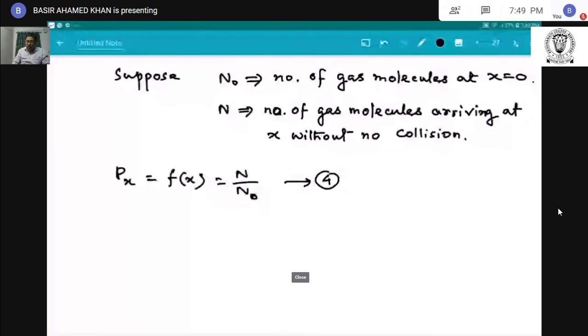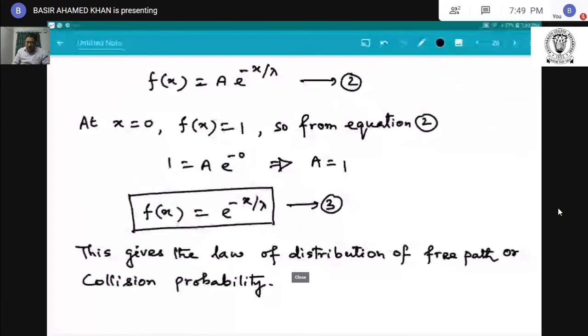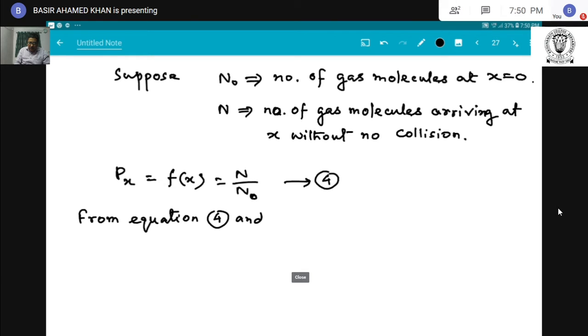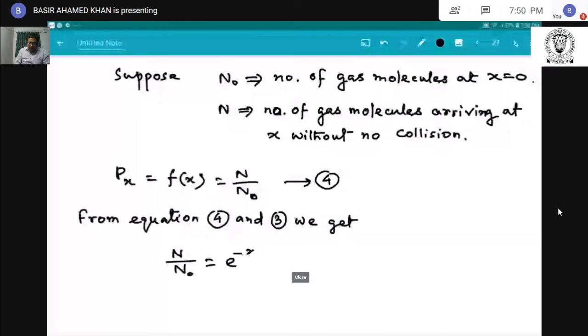from equation 4 and equation 3 we get n by n0 equal to e to the power minus x by lambda, or n equal to n0 e to the power minus x by lambda.